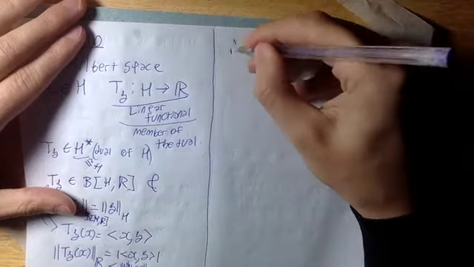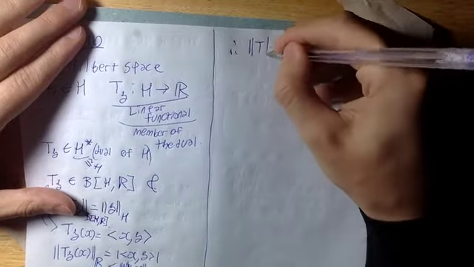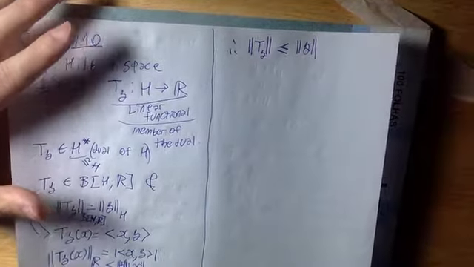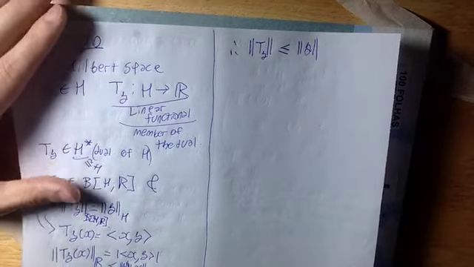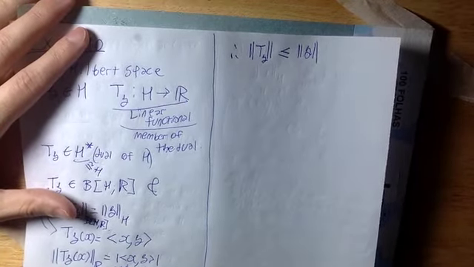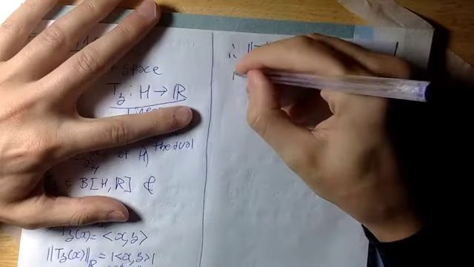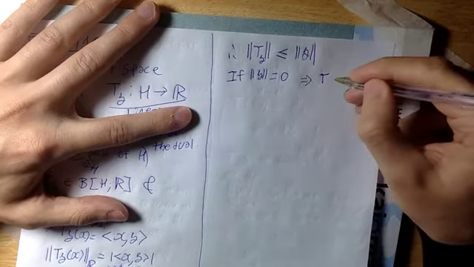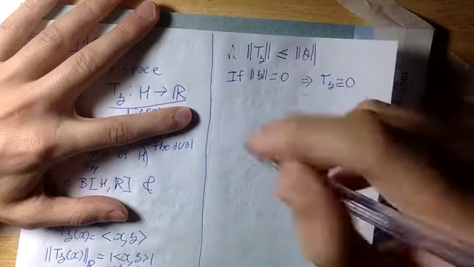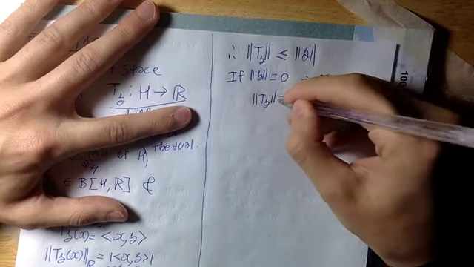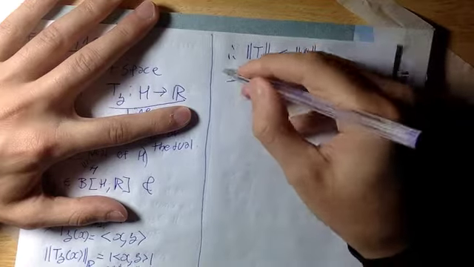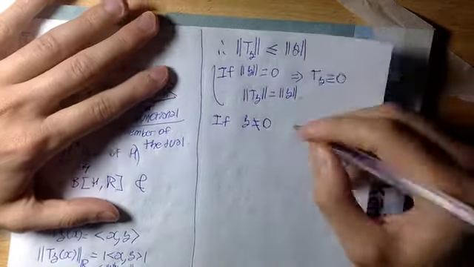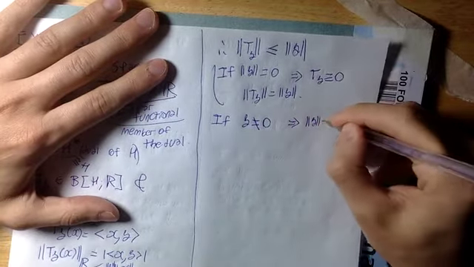So in particular, we have that the norm of T of y is less or equal than the norm of y. But now, if y is equal to 0, then T of y is identically 0, and we have that the norm of T of y is equal to the norm of y. So let's assume that y is different from 0, then the norm of y is different from 0.